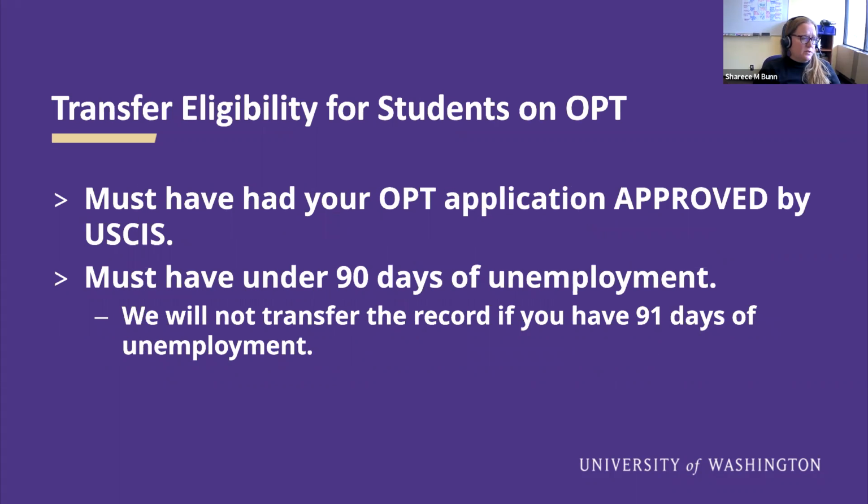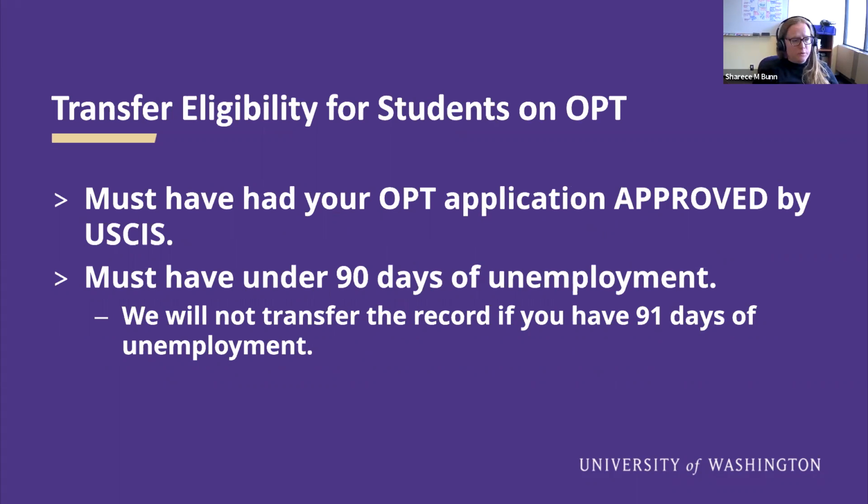Transfer eligibility for students who are on OPT: you must have had your OPT application approved by USCIS. We will not transfer records of students who get OPT I-20s from us but never apply. And we will not transfer records of students who have applied for OPT with USCIS but never were approved.